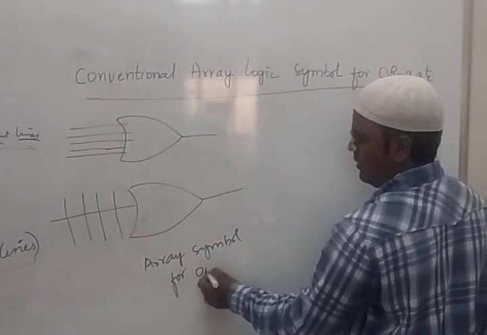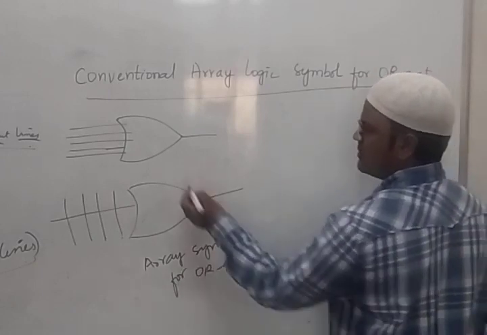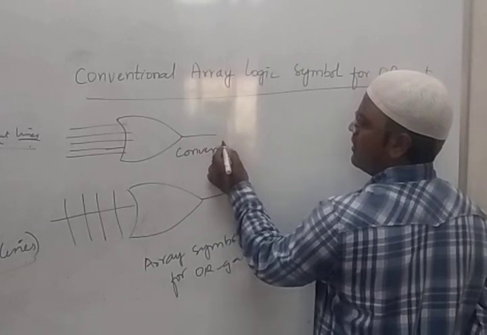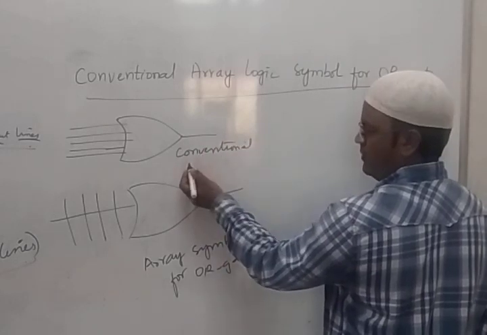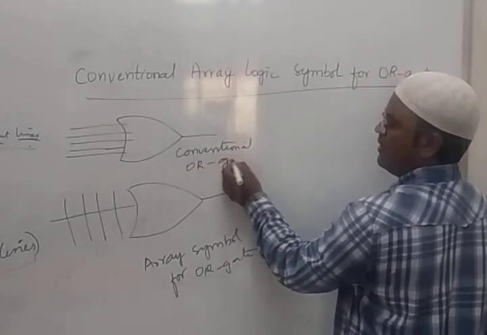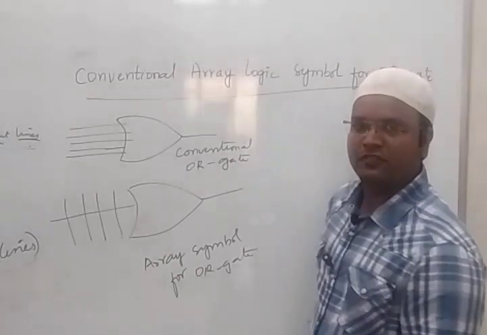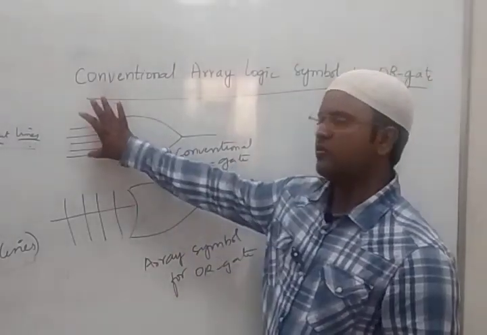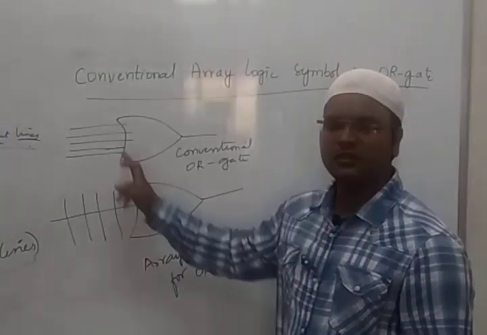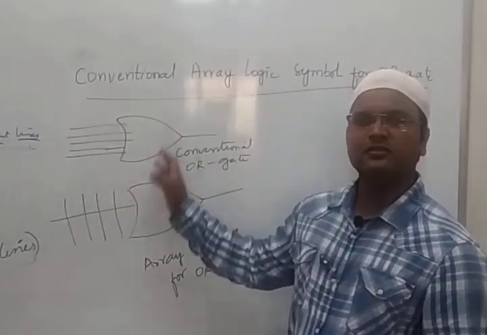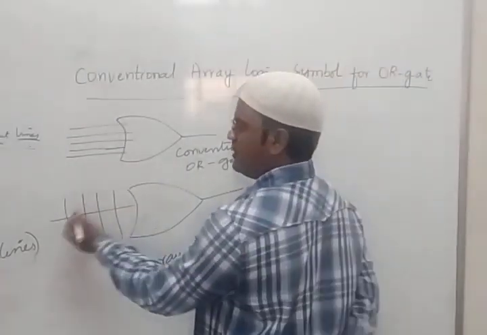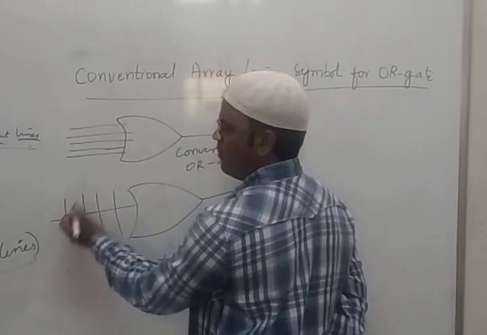This is your conventional symbol, the conventional way of representing an OR gate. This is how we modify it: instead of all these multiple inputs, we mention one input and put a vertical line. But if there is a connection in this, it needs to have a circle like this.